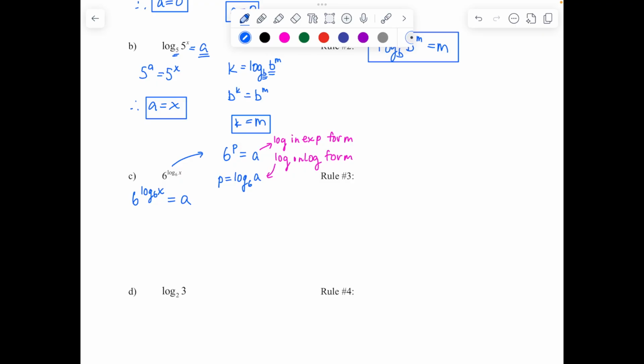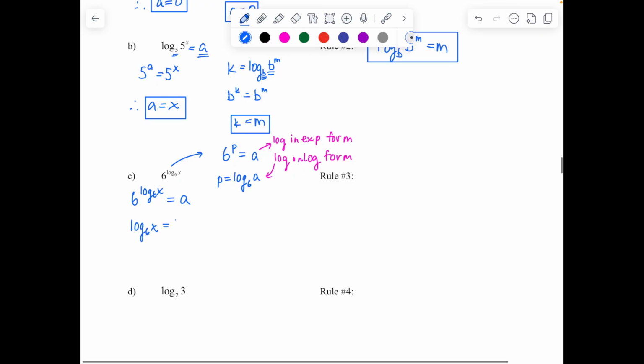What I'm going to do is rewrite this, currently in exponential form, into log form. So I'm going to say that log base 6 of x equals log base 6 of a. And in order for these two things to be equal, it's clear to me that x has to equal a.